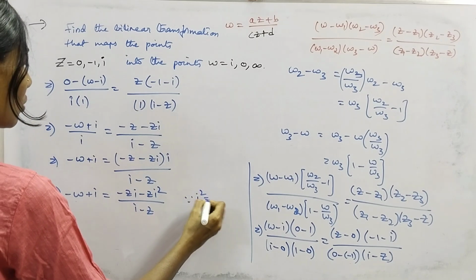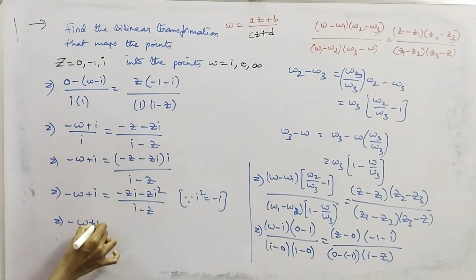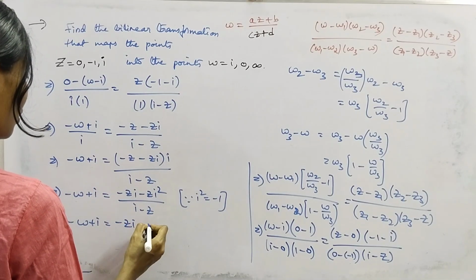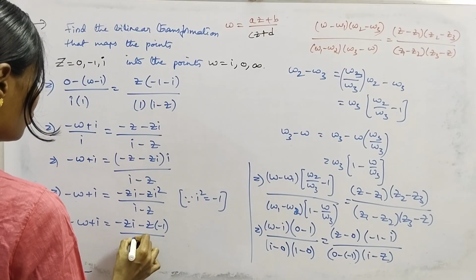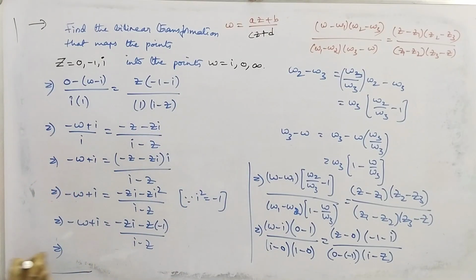Since I square equal to minus 1, this gives us minus omega plus I equal to minus zi minus z into minus 1 by I minus z. Okay, you'll get minus omega plus I equal to minus zi plus z by I minus z.